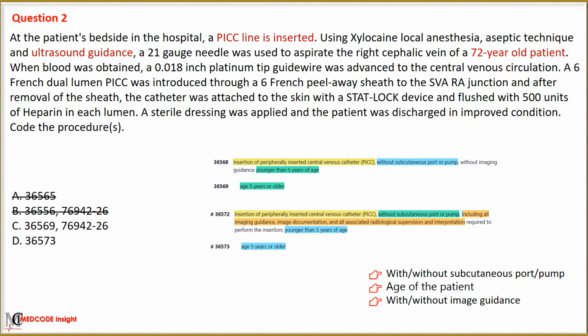The procedure was performed under ultrasound guidance, but for peripherally inserted central venous catheter insertion without subcutaneous port or pump, code 36573 already covers all aspects of imaging guidance, documentation, and radiological supervision, and there is no need to code them separately, as noted in option C. Thus, the correct option is option D with code 36573.